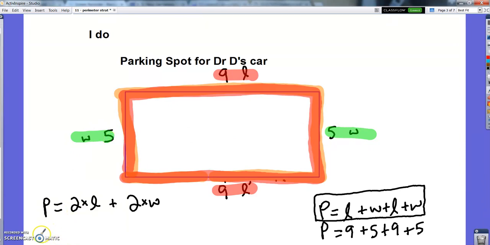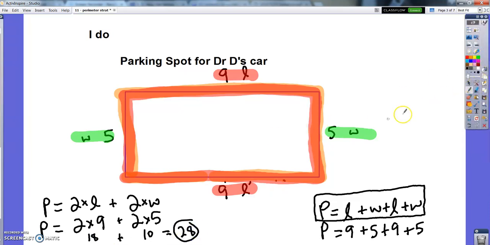And if you do that, you still get the same thing. You get 2 times the length, which was 9, plus 2 times the width, which was 5, which gives you 18 plus 10, which is still 28. Same answer I got either way.